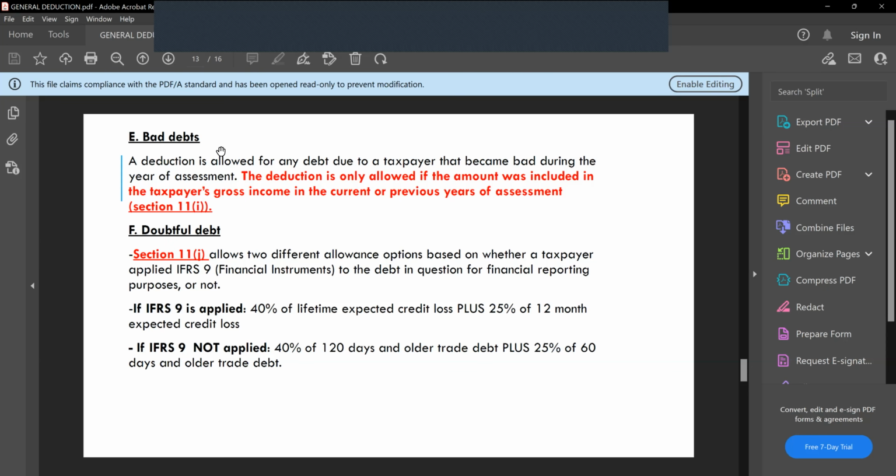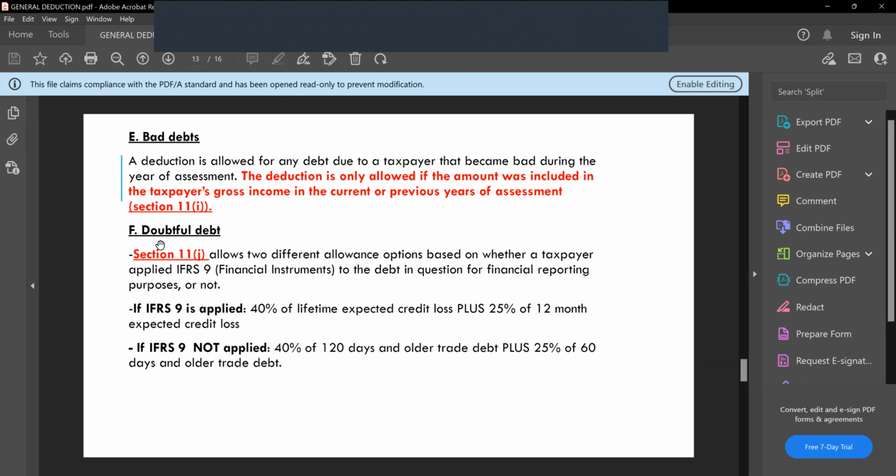Only trade debt is deductible because what happens when you sell on credit is that you immediately recognize the income, right, at the earlier of receipt or accrual. So you recognize the income, and when they don't pay, that's when you get to claim a deduction in terms of Section 11I.